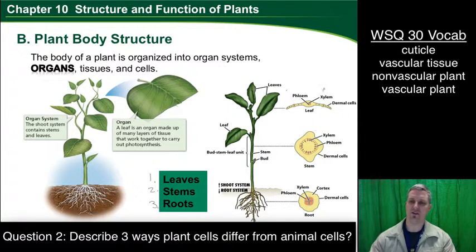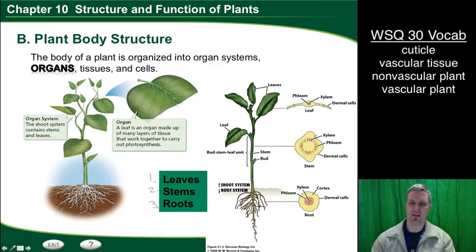I wanted to show you in this diagram the distinction between the different organ types. Leaves, stems, and roots have different designs; the cross-section of each structure has a different purpose.